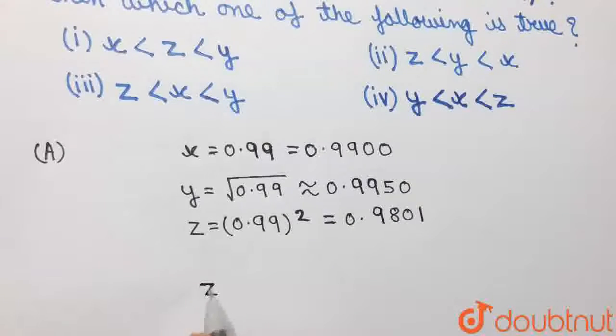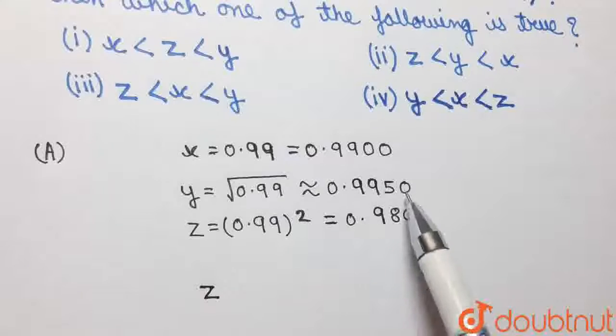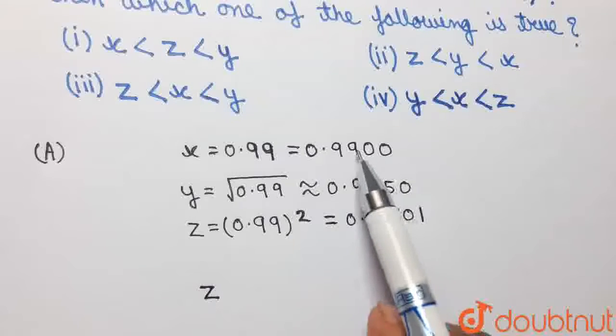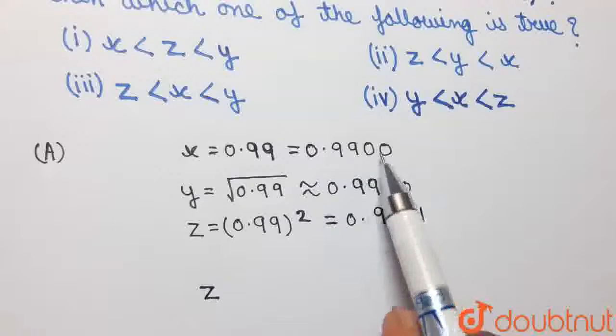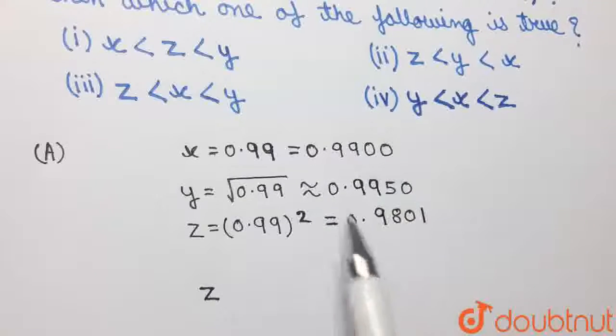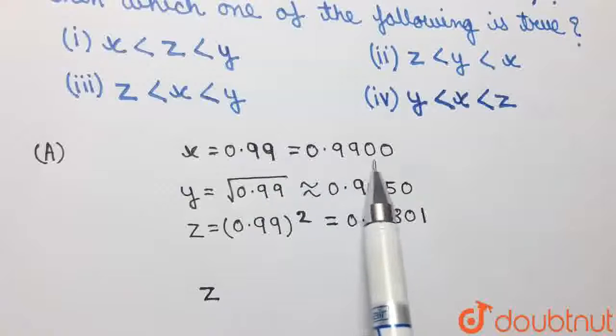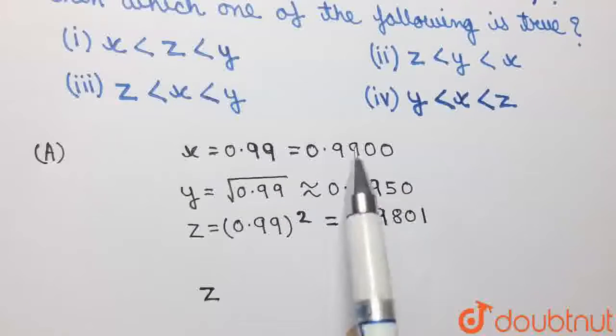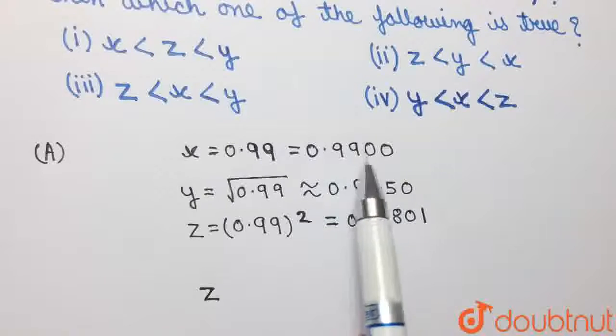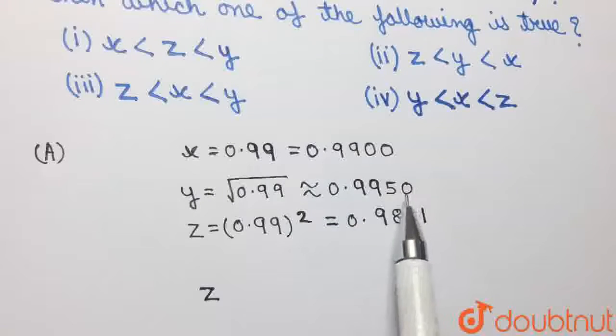Now comparing between x and y, in the second place after the decimal, both have 9, but moving on to the third place after the decimal, x has 0 whereas y has 5. Hence we can conclude that of x and y, x is the lesser value whereas y is the greater value.